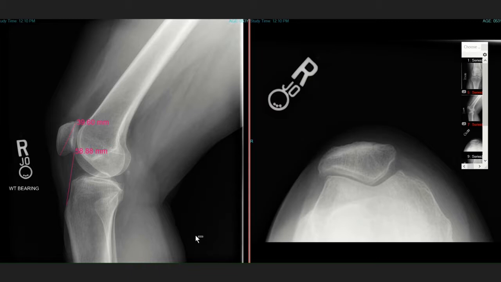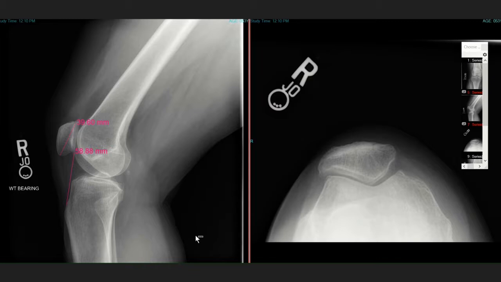So if we take a ratio of the length of the patellar tendon, which is 58.88, and divide it by the length of the patella, which is 39.60, we get an Insall-Salvati ratio of 1.48. 1.48 is our Insall-Salvati ratio.